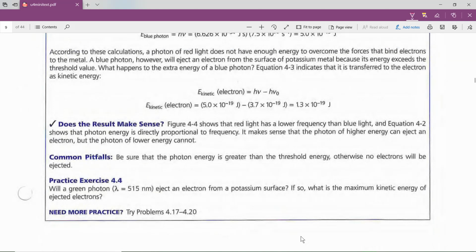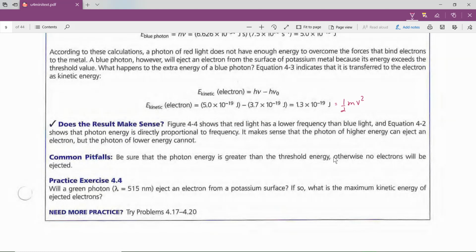And if I want, I could then get the speed of the electron, because I have 1.3 by 10 to the minus 19 joules equal to 1/2 mass times speed of the electron squared. I'm not going to do that here. I don't think the book asks for that very often, but I could get the mass of the electron, divide half the mass into the energy, take the square root, and there's the speed.